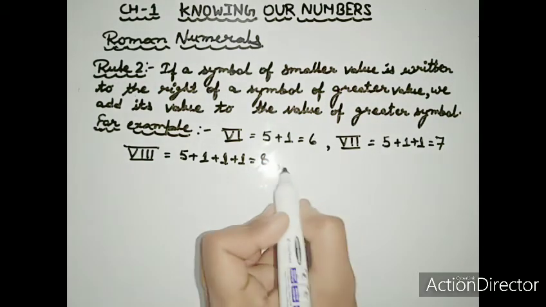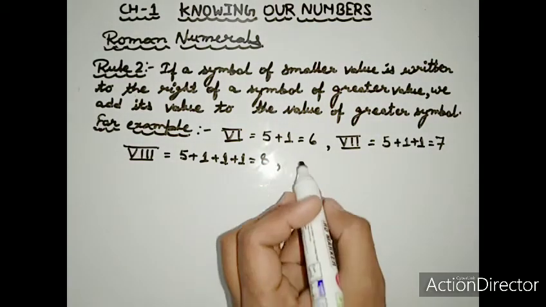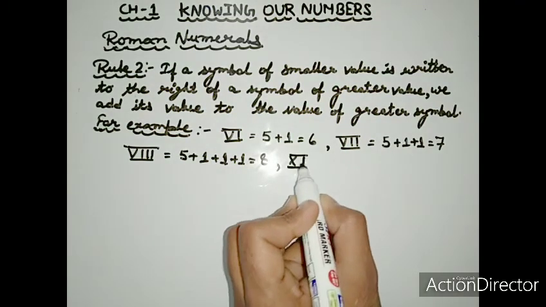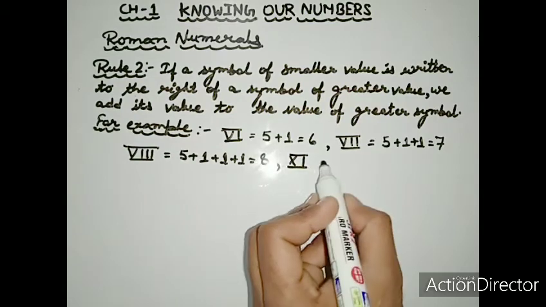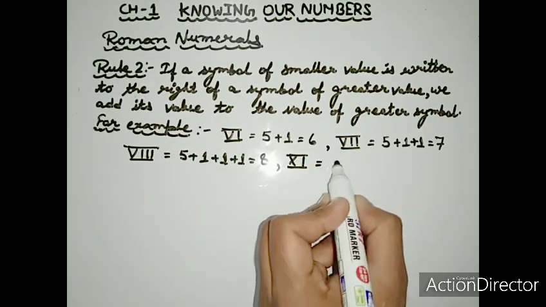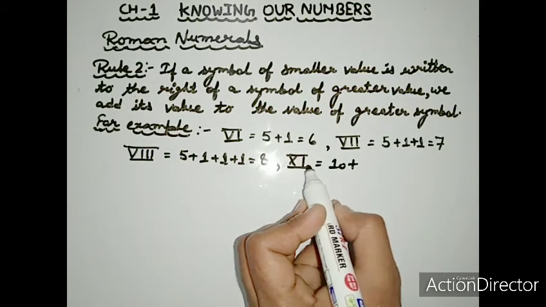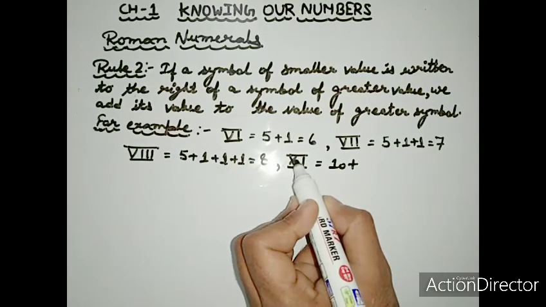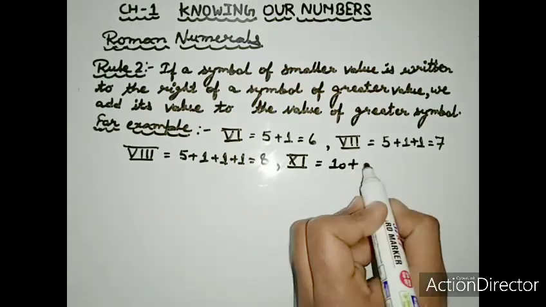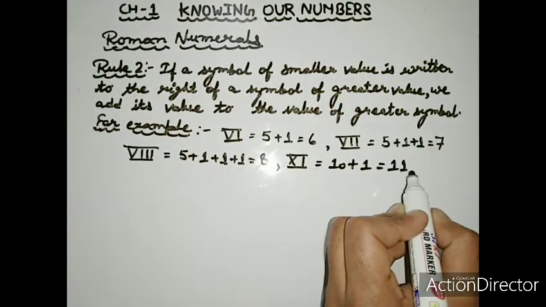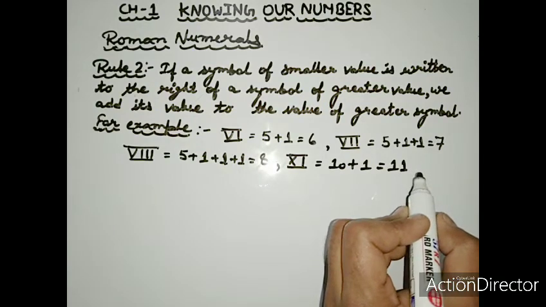Now if we want to write 11, then we write X meaning 10 plus I meaning 1, equals 11, because we write I on the right-hand side of the greater symbol. Same as with other numbers also.